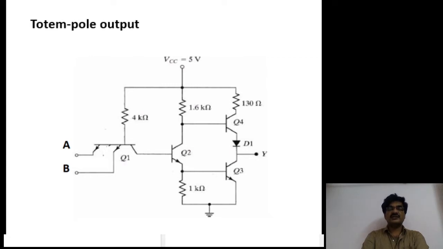To avoid this propagation delay, it is better to use low storage transistors, that is, Schottky transistors. If you replace all these transistors with Schottky transistors, you can reduce the storage time so that the delay is less.